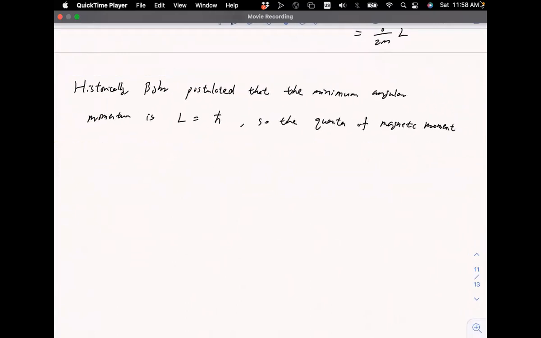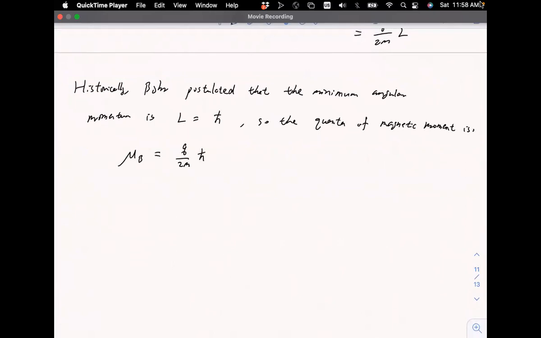The quantum of magnetic moment is mu B equal to Q over 2M times h bar.